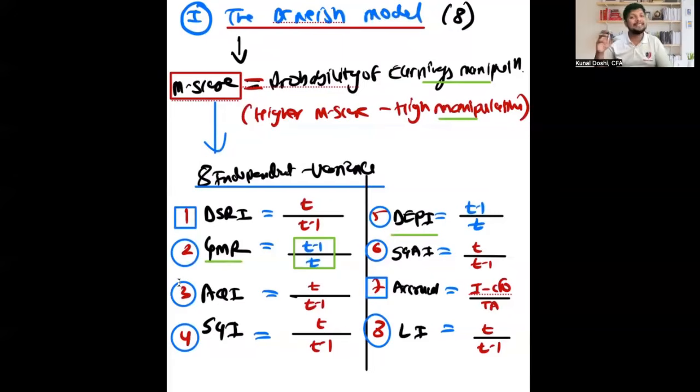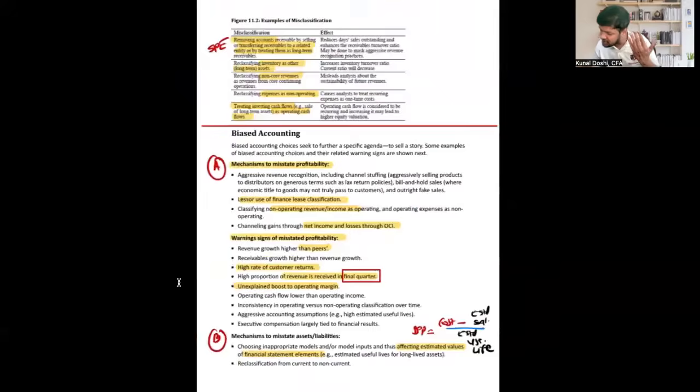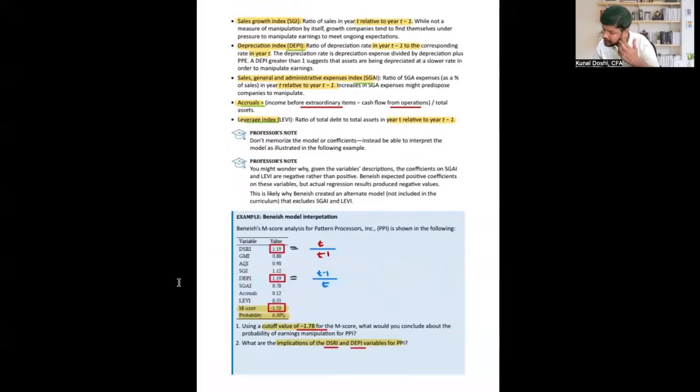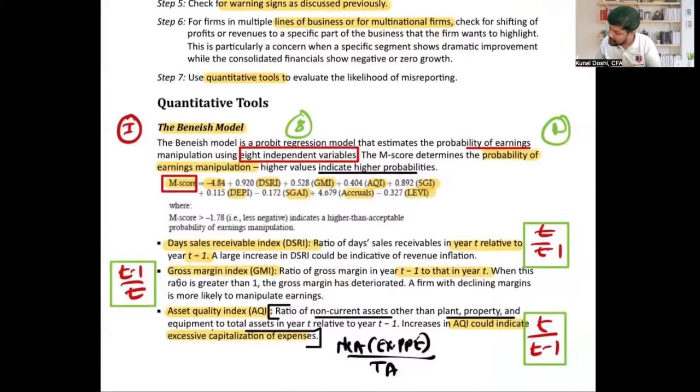AQI, what is AQI? Asset quality index. I will also show you what exactly it means. Check here, AQI. Yes, AQI is the ratio of non-current assets other than fixed assets like property, plant and equipment to total assets, also relative to the previous year.